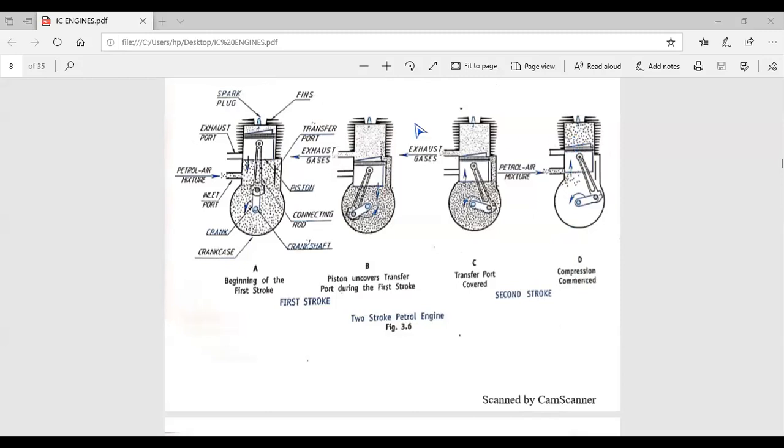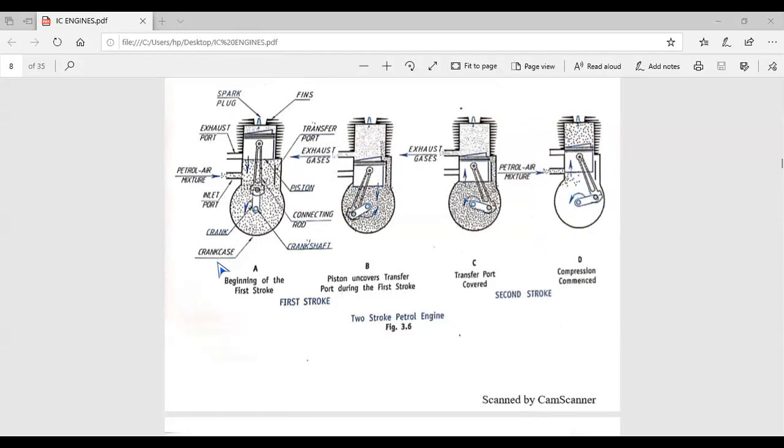Due to that compression, the piston moves in the downward direction. All of you observe here, the reciprocating motion of the piston is converted into the rotary motion of the crank in the crankcase.